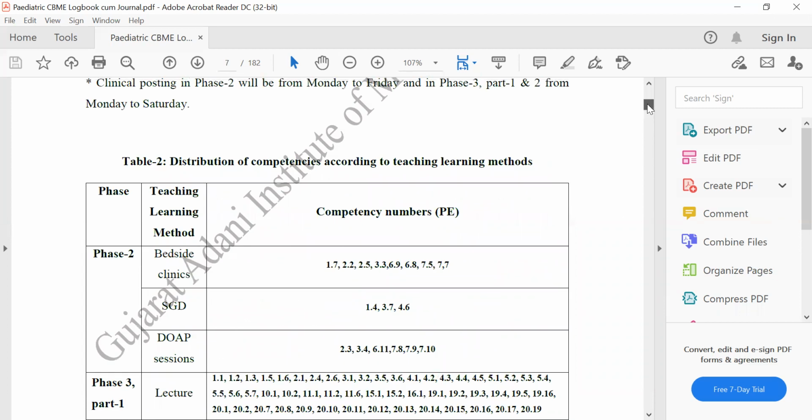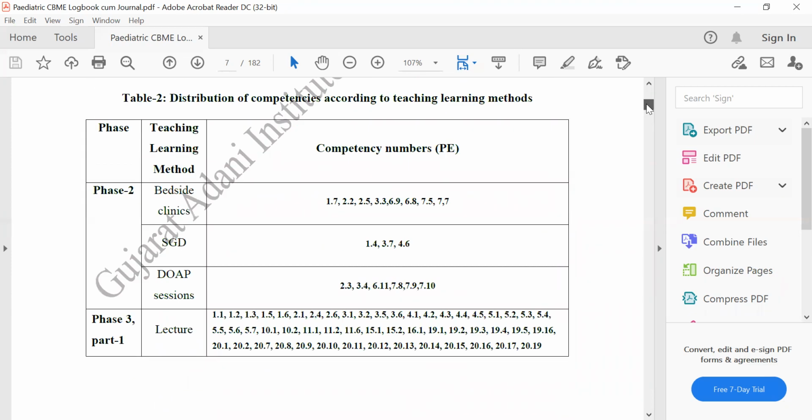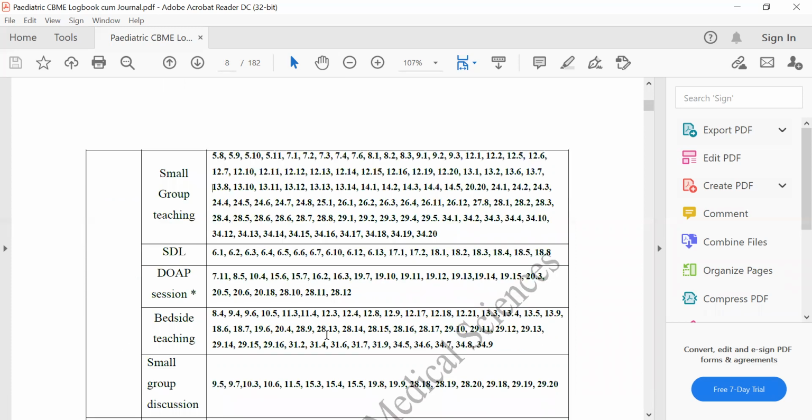A few competencies can be taught by didactic lecture, interactive lecture, or flipped classroom; we can teach all these competencies by lectures. And by small group teaching, SGT, these competencies are mentioned, with 30 hours for small group teaching.